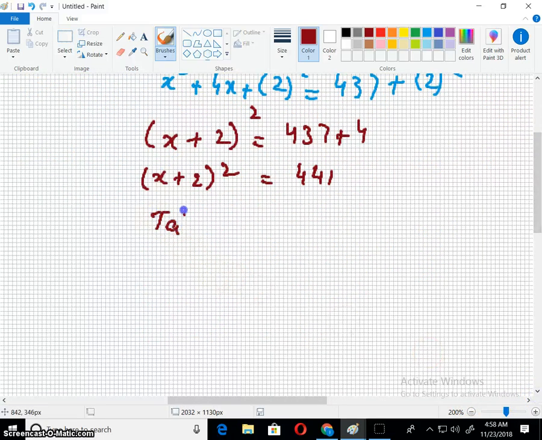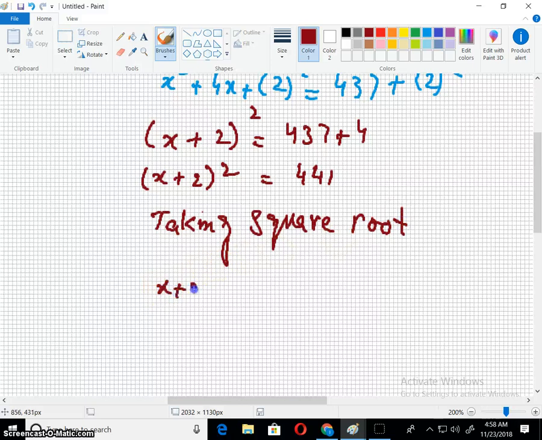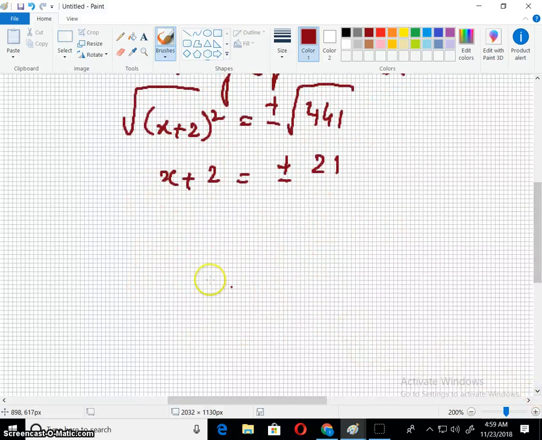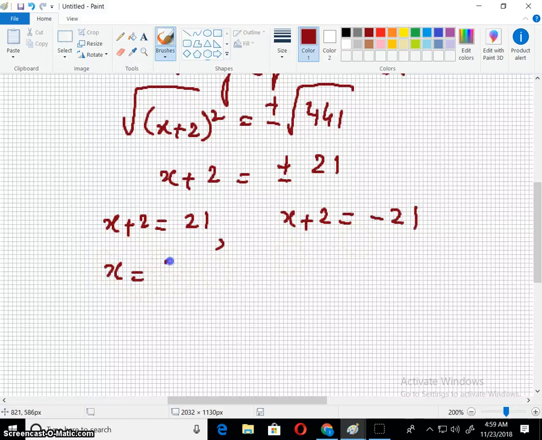Now taking square root on both sides, so these are the answers to the problem.